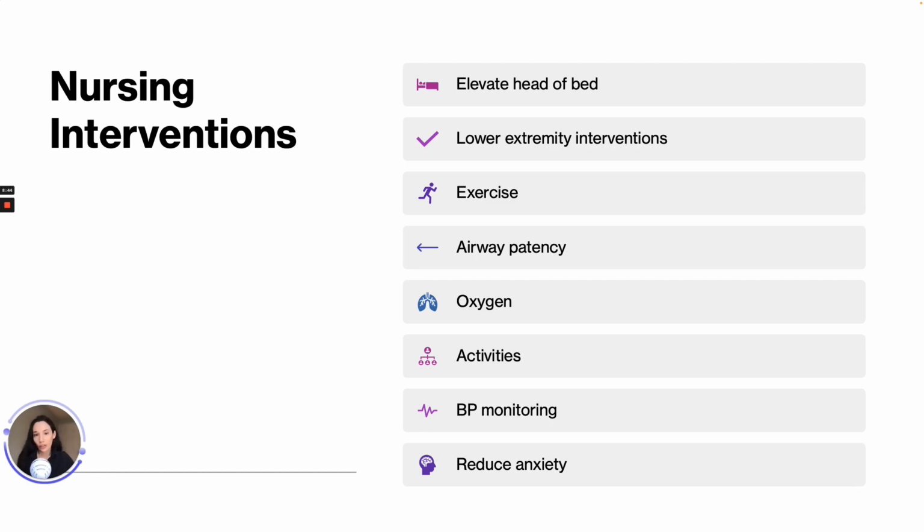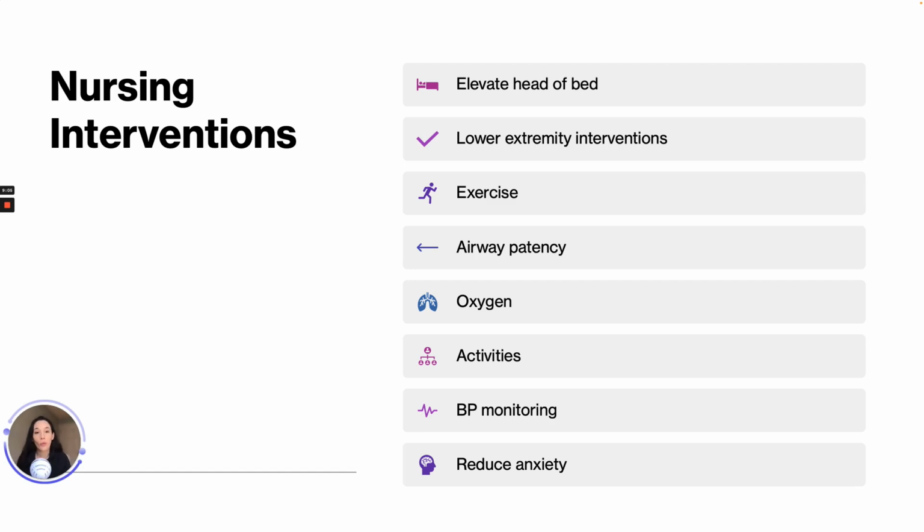We can also do some lower extremity interventions, such as applying an anti-embolism stocking and elevating the foot of the bed, which may help to minimize the pooling of blood in the legs and prevent thrombus formation. We can also encourage exercise through passive range of motion of the immobile extremity to help promote circulation.